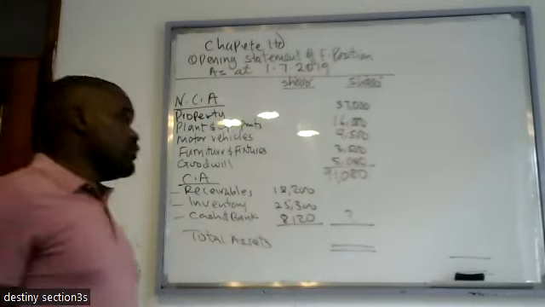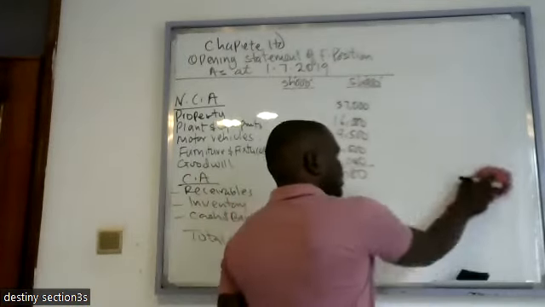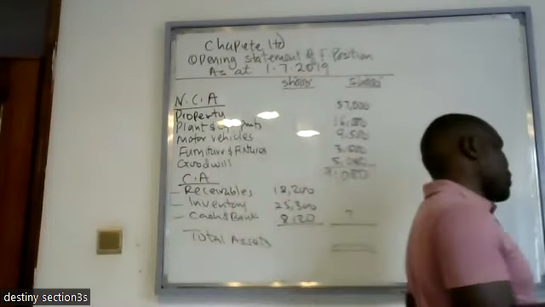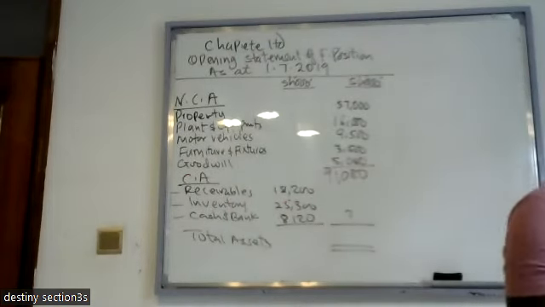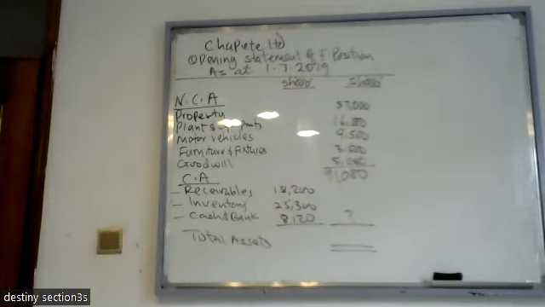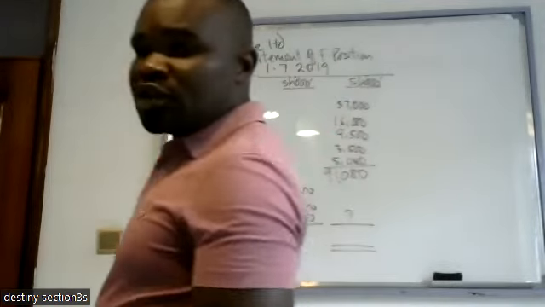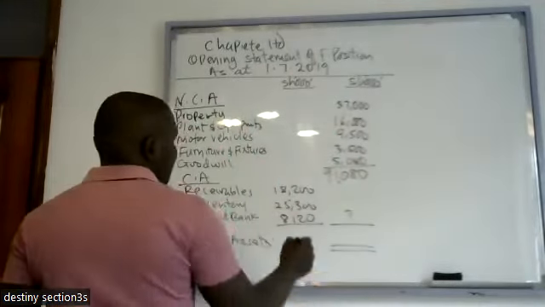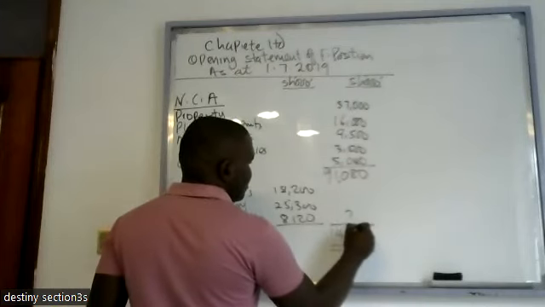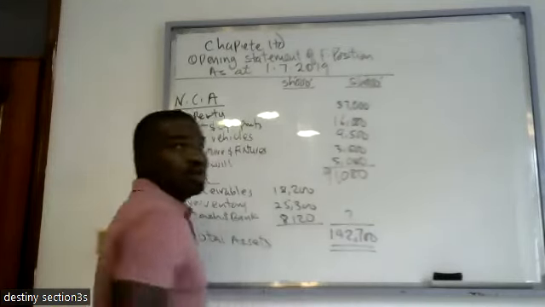Total assets figure is what I want. Yashingi has confirmed 142,700. Yes.